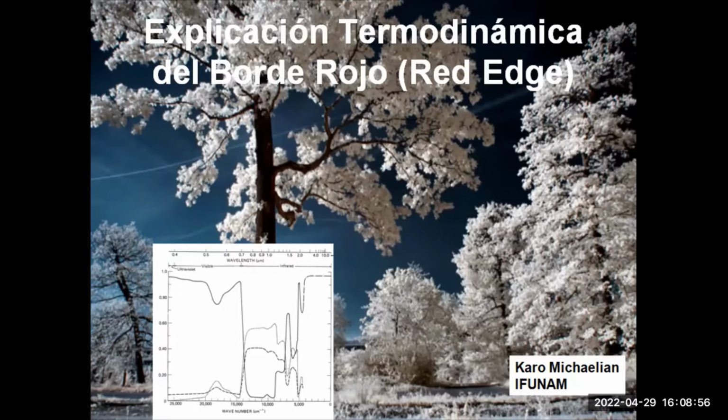Why do plants and trees all of a sudden stop absorbing at about 700 nanometers and start reflecting, and very strongly reflecting, all the way down to about 1.2 microns, where water starts absorbing again? But there's a range between 700 and about 1.2 microns in which the plants are reflecting.